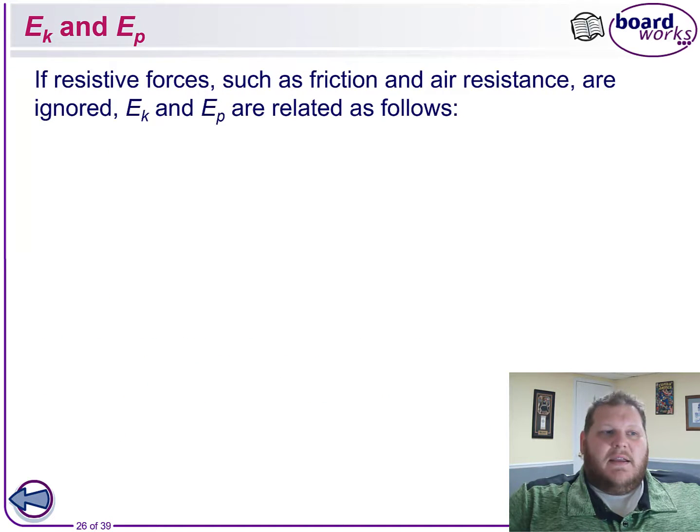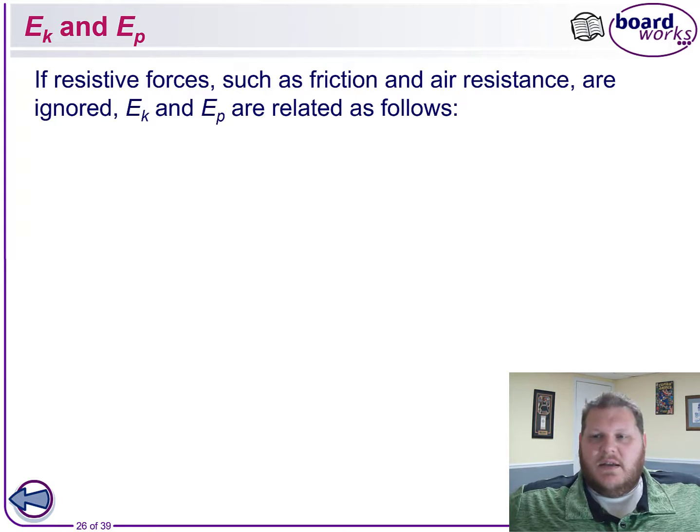In a system, any kind of resistive force, such as friction or air resistance, we're going to ignore unless explicitly stated. So in most cases, we're going to deal with the ideal version of the problem.